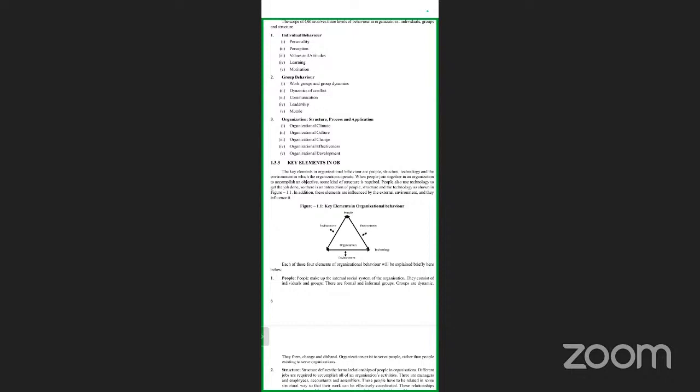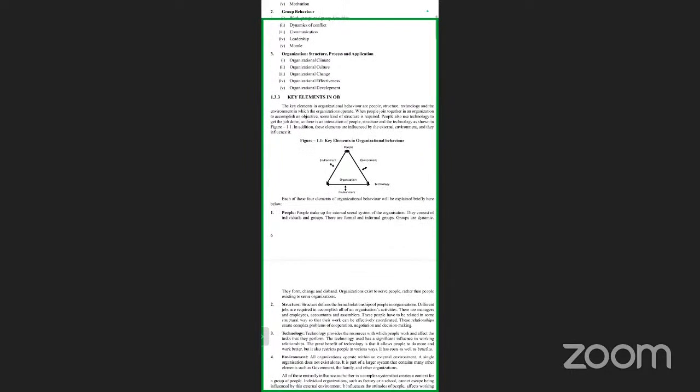How you manage this conflict is the dynamics of conflicts. And then we have organization. So individual, group, organization are the 3 major elements, and each has 5 sub-elements. Climate, culture, change, effectiveness, and development are the components of the organization.